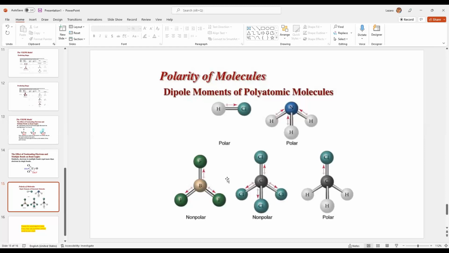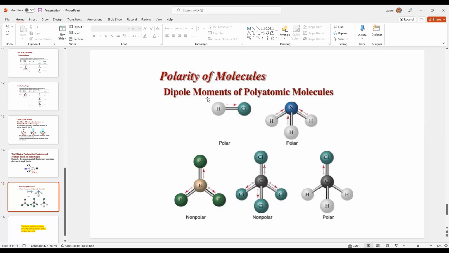Well, the dipole moments in polyatomic molecules are very important in order to determine the polarity of the molecule. For example, in this case, the two atoms have different electronegativity.